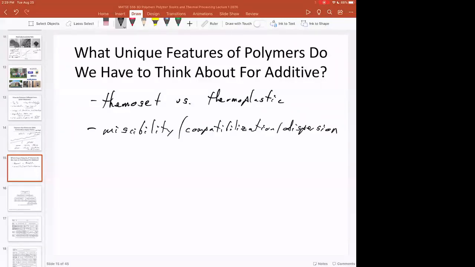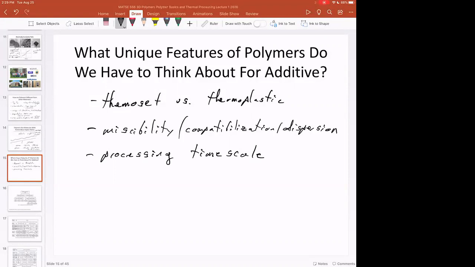What else might we have to think about? Maybe processing time, or processing time scale. Additive manufacturing is a dynamic process.